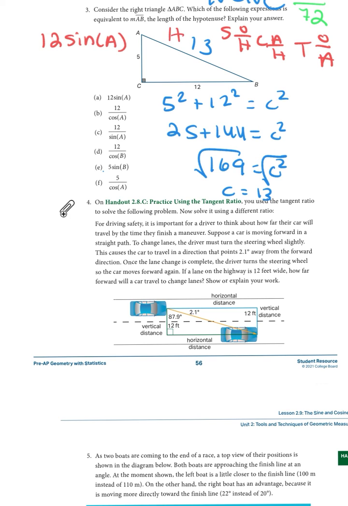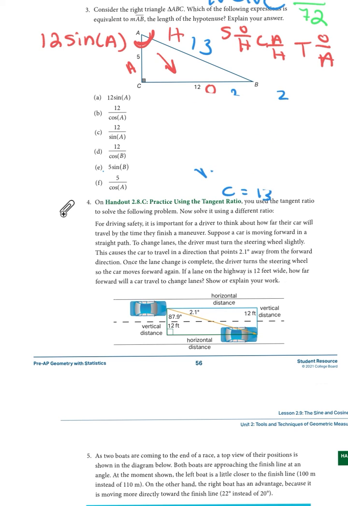And this is the hypotenuse. If I'm doing angle A, that would mean that my opposite is this one and this is my adjacent. So I'm going to have 12, and then sine A, I'm going to replace that with 12 over 13, because remember, O over H, which would be 12 over 13. That's how I'm getting that.